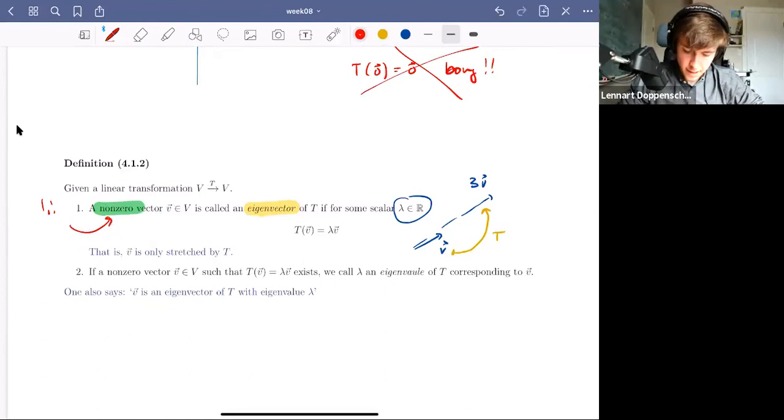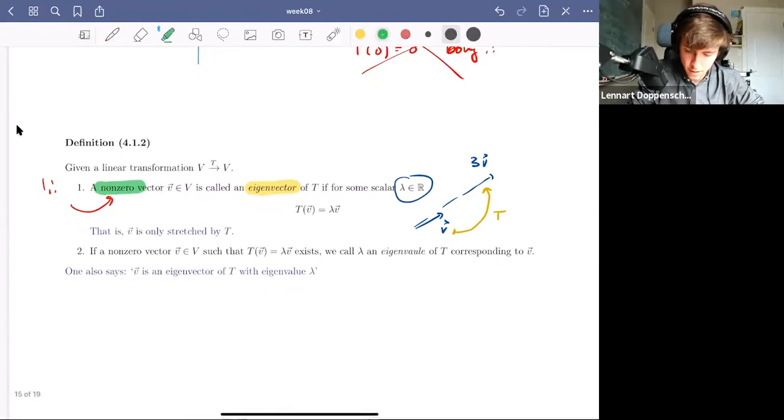Okay, and then the second notational definition is, what do we call the scalar? So if there is a non-zero vector v such that it's only stretched under this transformation, then the lambda is called the eigenvalue of this vector.